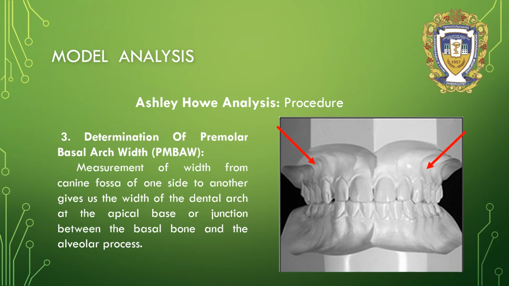We need to know this area because in case of sinusitis, we can get access to the maxillary sinuses here, because the bone of the maxilla is the thinnest in this area.